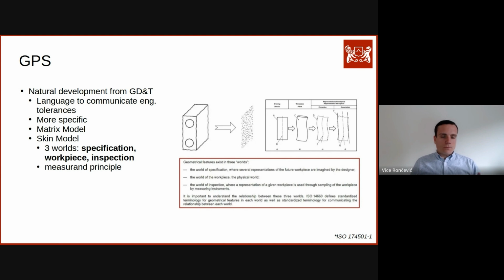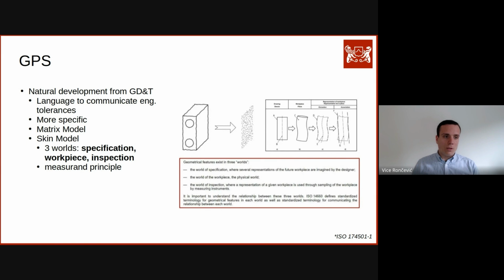And for that, it defines its matrix model, which is essentially a very complex matrix of standards, which I'm not going to go into too many details about. But what I really want to dive a little deeper into is what you, Neil, have mentioned before, that essentially our parts differ when we measure them from their realistic counterparts. And this is what GPS's skin model is all about.